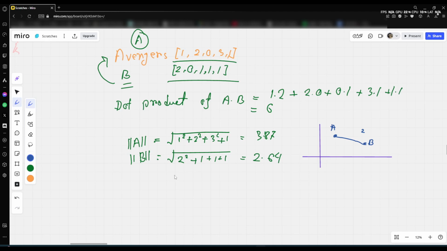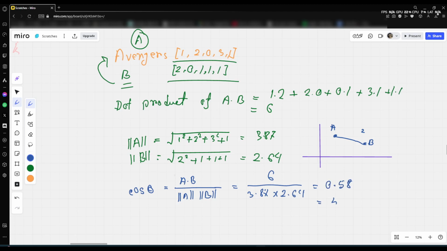So for now, cos theta is equal to the dot product divided by the magnitude of those two vectors, which is 6 divided by 3.87 into 2.64, which results in 0.58.